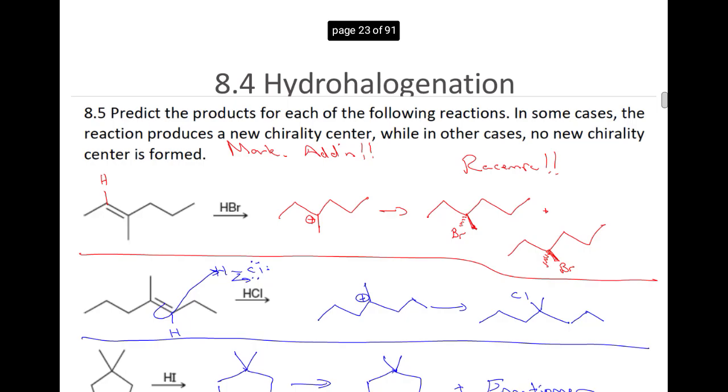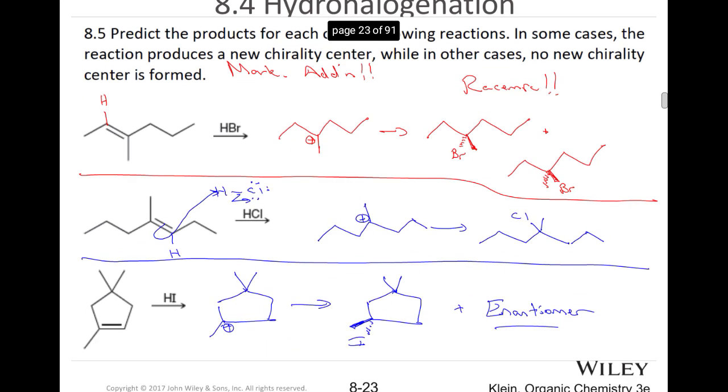Okay. This next one here, again, comes directly from our textbook. Predict the products for each of the following reactions. This is just getting some practice recognizing new chirality centers. So you can see the first one, we end up with a racemic mixture. The second one, we get an achiral compound, because here we have a propyl group, and we have a propyl group over here.